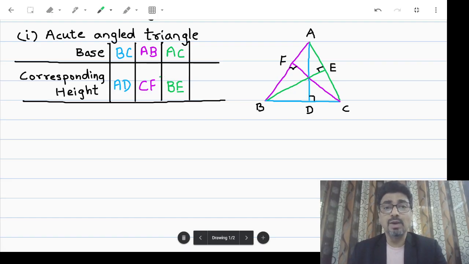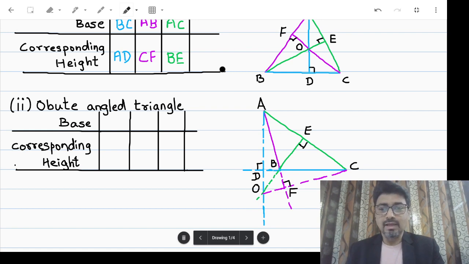Let us now move ahead with the obtuse angled triangle. Now, for obtuse angled triangle ABC, we see that angle B is an obtuse angle, so it is an obtuse angled triangle. We draw the heights or perpendiculars on all sides from the opposite vertices.